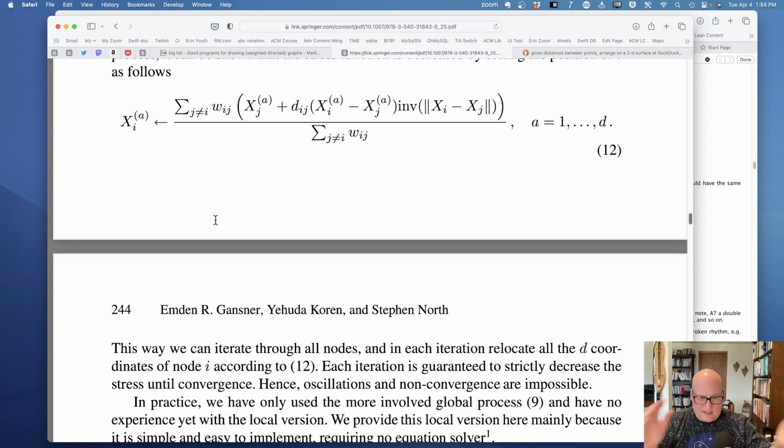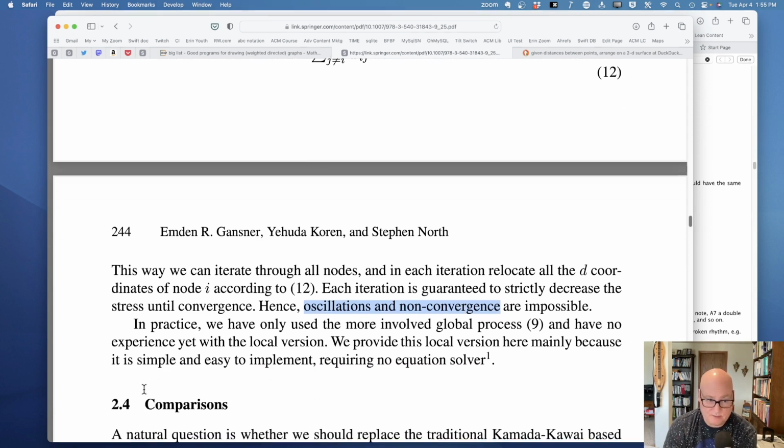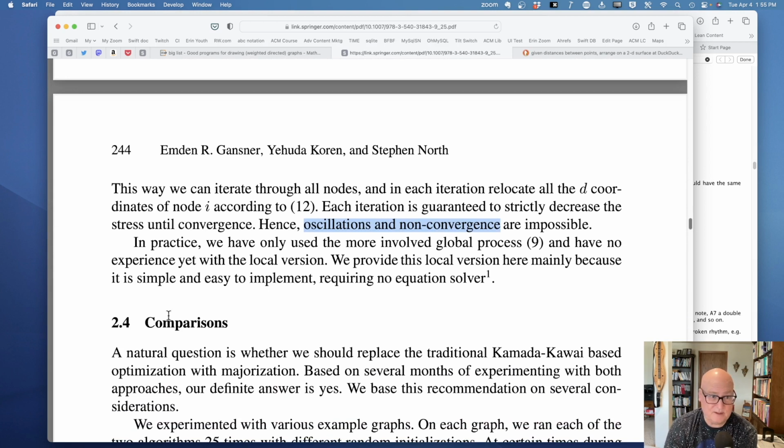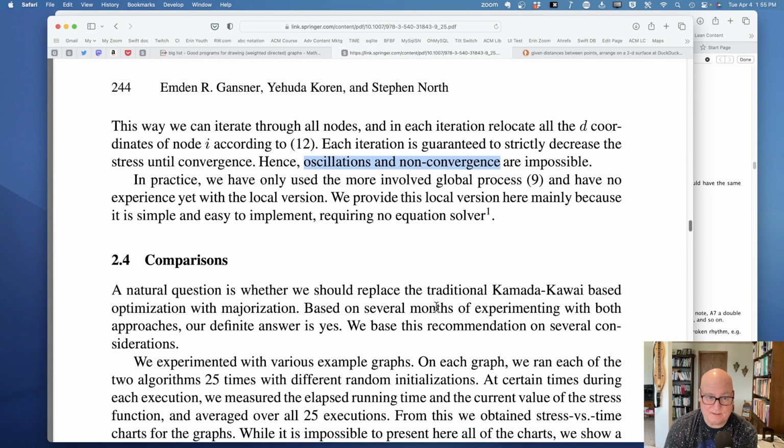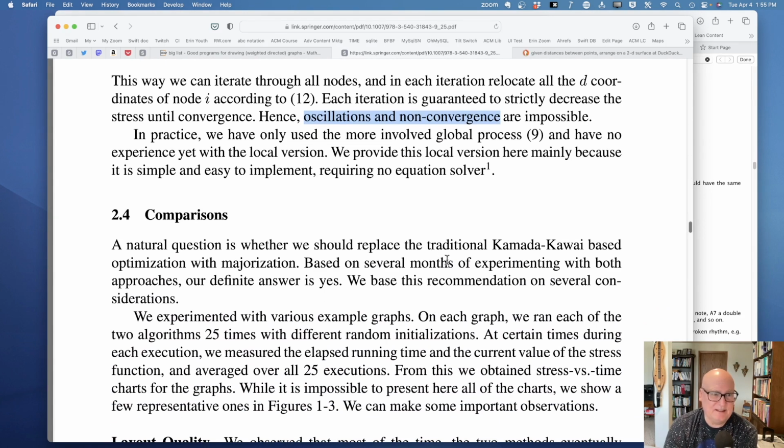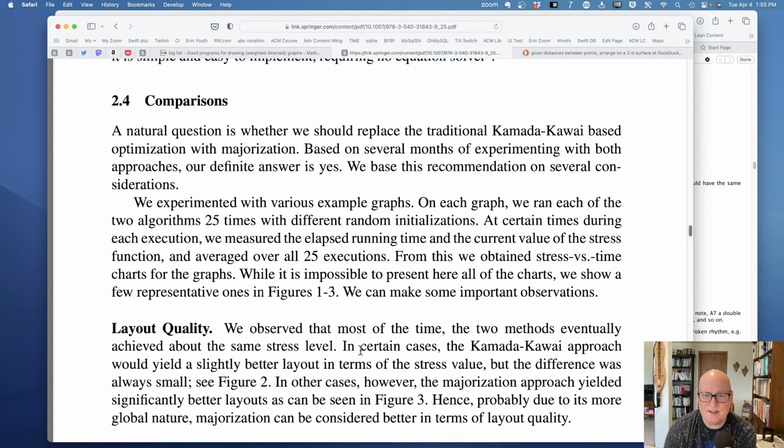I can kind of visualize that working, and they're saying it's guaranteed to strictly decrease, and oscillations and non-convergence are impossible. So that is good news. They've implemented the global one and haven't really done the local one, but, all right.